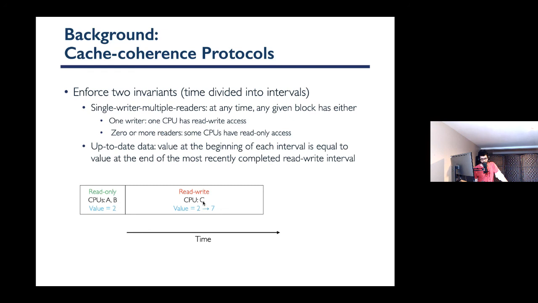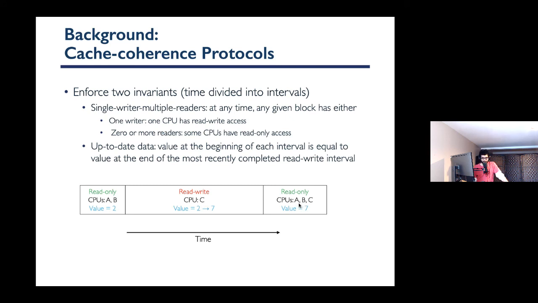C has read-write access. And let's say C is going to change this 2 to 7 sometime in this interval. We don't know where. It could happen here, here, or here. Let's say after a while, no matter how long it takes, it's one interval where C has read-write. Then A and B again want to read.